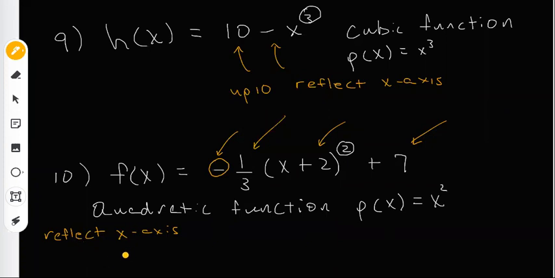Since 1/3 is going to stretch it horizontally, we could also say that this is a vertical shrink. So this is going to be a vertical shrink by a factor of 1/3.